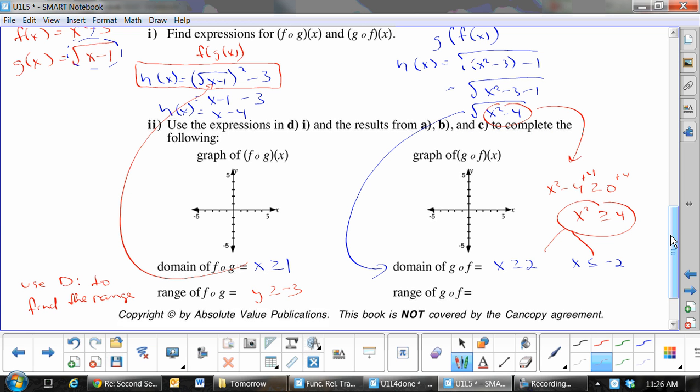So we want to find out what is the least value I would get? Or maybe it's the most, the biggest. So by putting in your domain, what do you think the range would be?